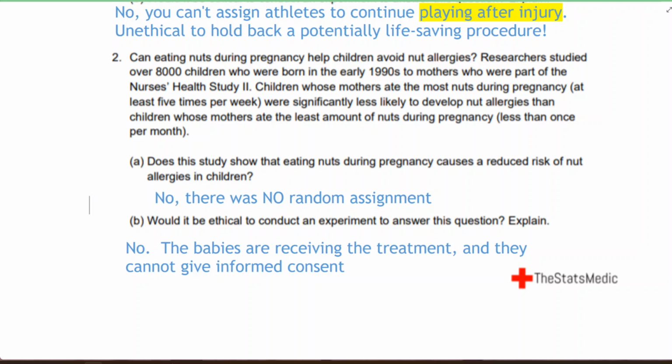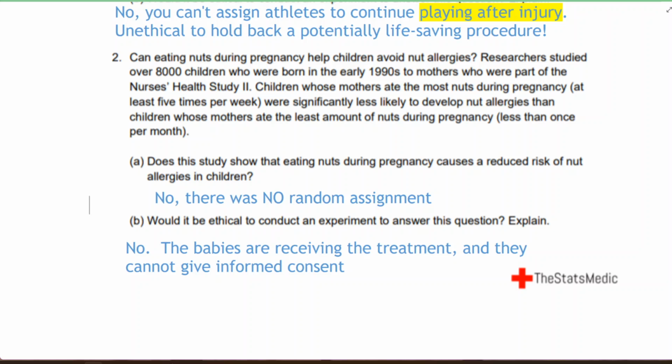the treatments would have to be, treatment group 1 would have to eat nuts at least 5 times a week. Treatment group 2 would be, you must eat tree nuts less than 1 time a month.